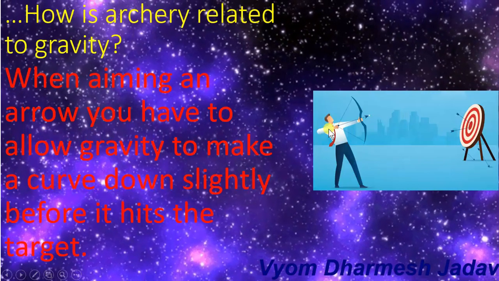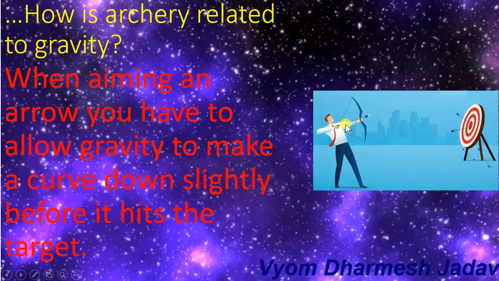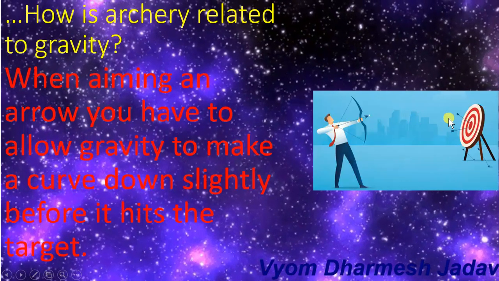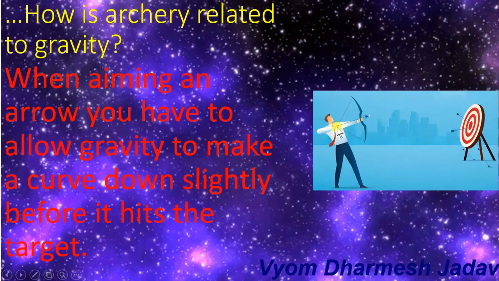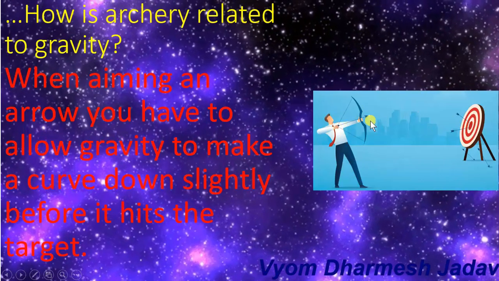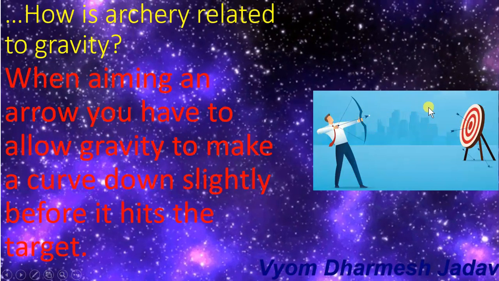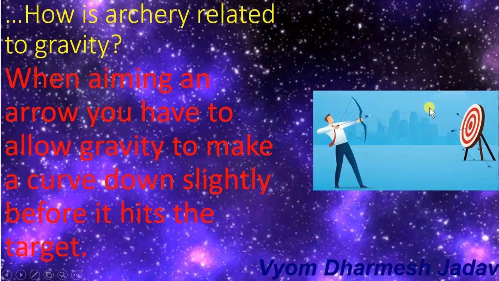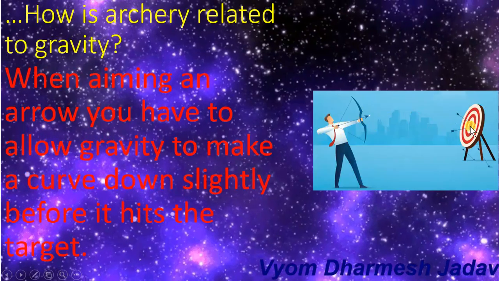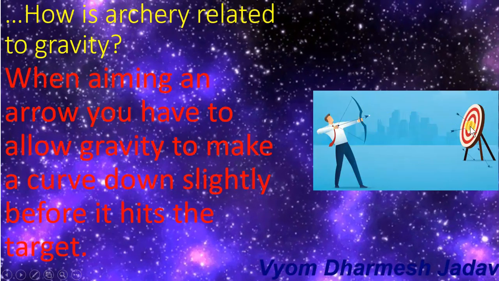You see, this man is aiming at the target and hitting the bullseye. Why? As he's just pointing the arrow upwards so that gravity can take action on it and bullseyes happen.